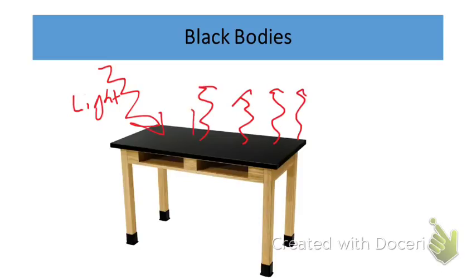What are their wavelengths and frequencies? It turns out that they're in the infrared region. And you remember, we can't see infrared light. So to us, the table still looks black because there's no reflected light, and the only emitted light is in the infrared region, which we can't see.